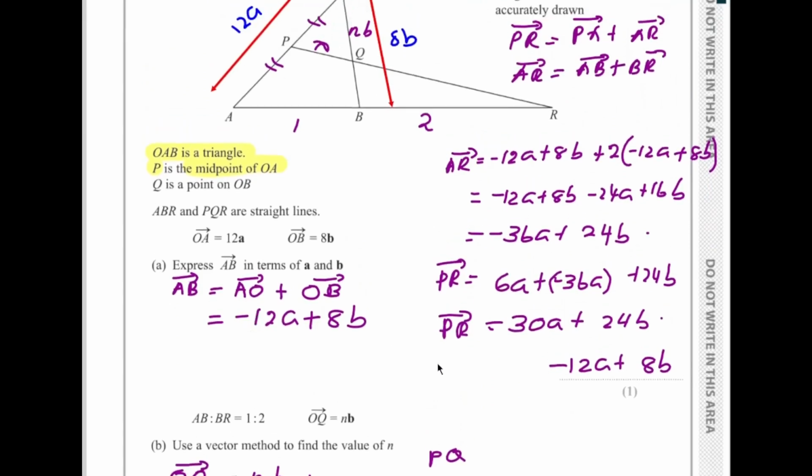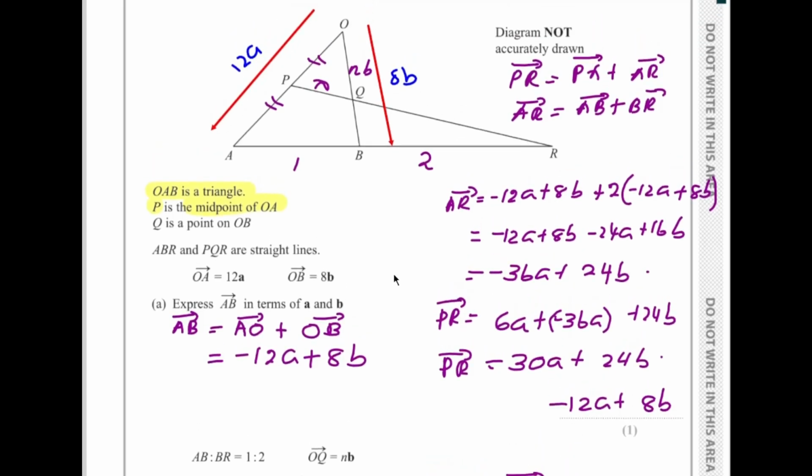PQ equals PA plus... PQ equals... we got PQ as lambda times PR.